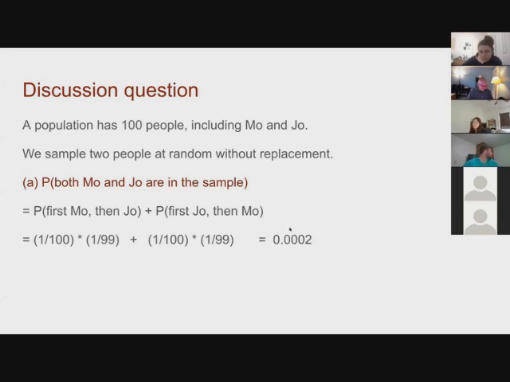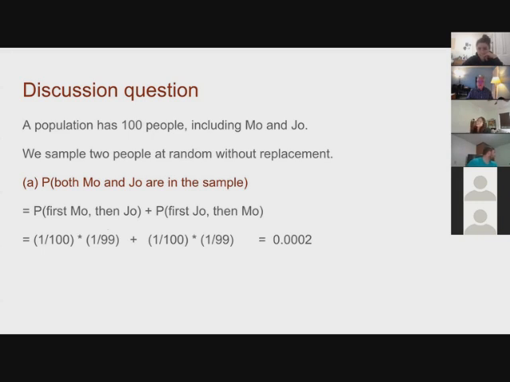The probability that we first pick Mo is, well, there are 100 people in there and Mo is one of those 100, so the probability that we pick Mo is 1/100. And we're sampling without replacement, so the question is, what is the probability that we pick Joe?